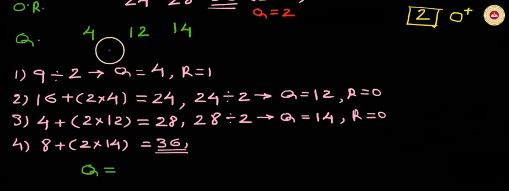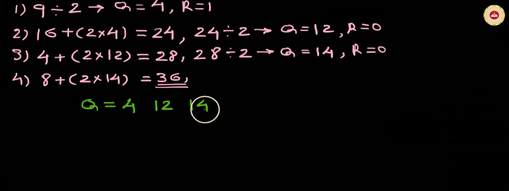the quotient. What are the quotient digits? First quotient 4, second 12, third 14. So these last two quotients contain extra digits. Let us pass the extra digit to its immediate left side, and always do this process starting from the right side, right to left.